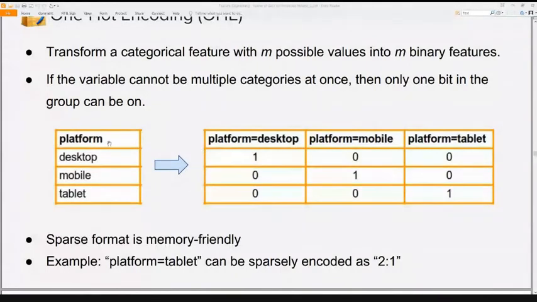When you one-hot encode, it returns a binary output for each particular category.